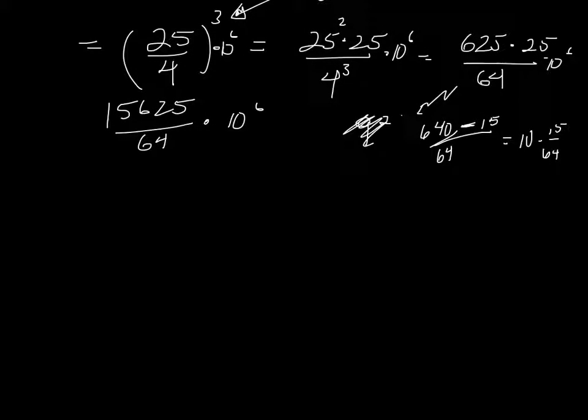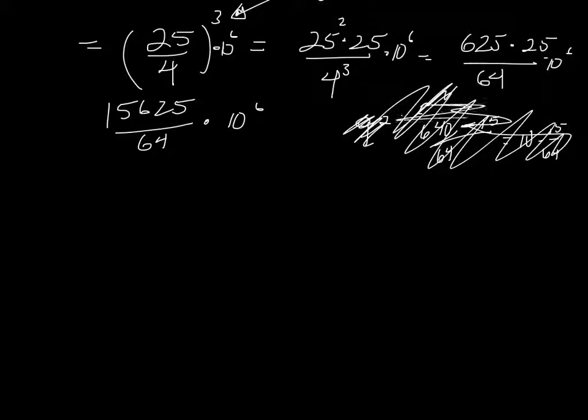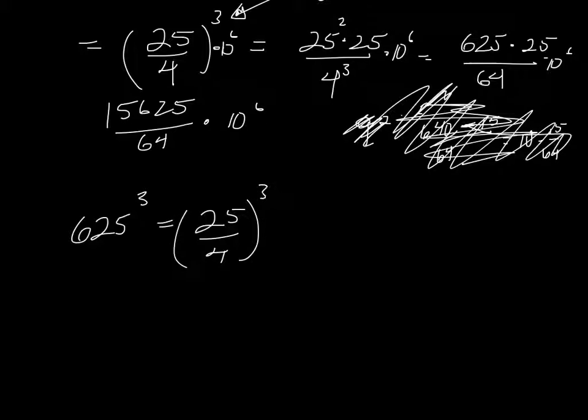See, look, it's so easy for me to get lost. I'm just going to back up. We said 625 cubed is the same as 25 over 4 cubed times 10 cubed. Because we said this was 6.25 times 10 squared.